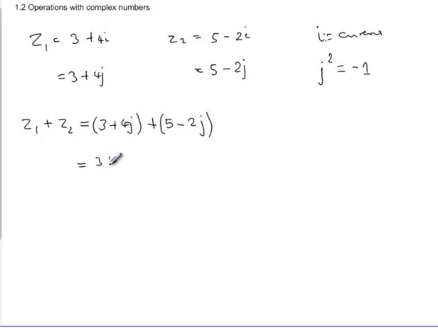I'm going to say 3 plus 5, plus j times brackets 4 plus minus 2, all together.